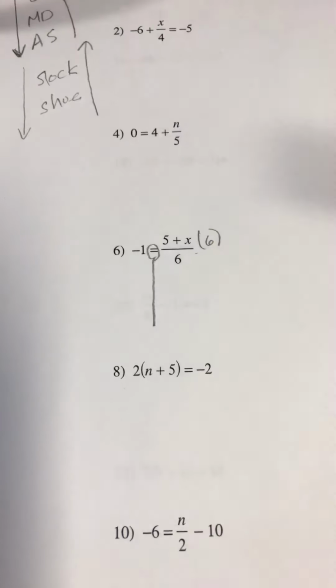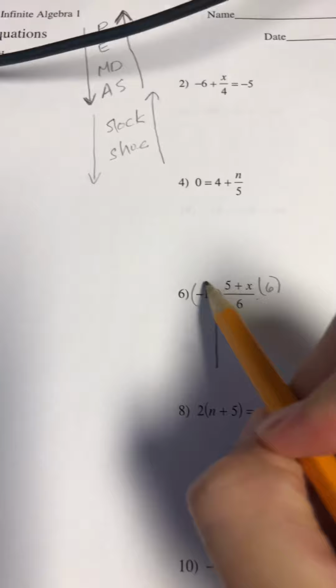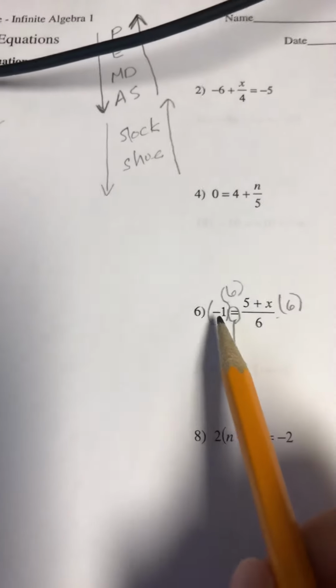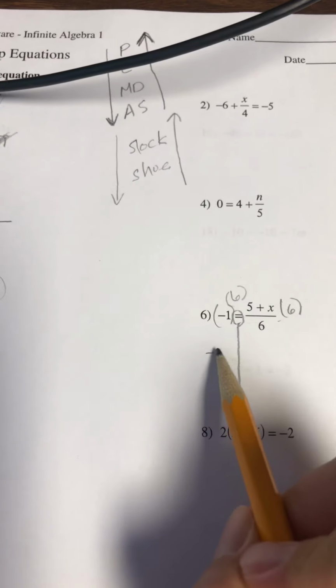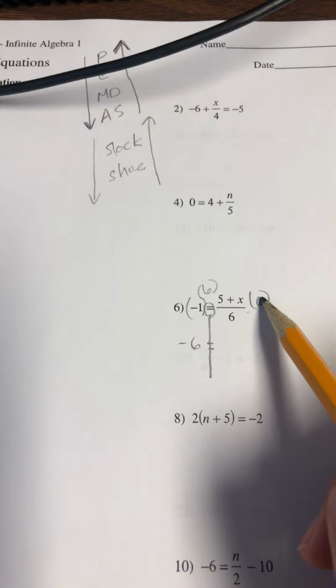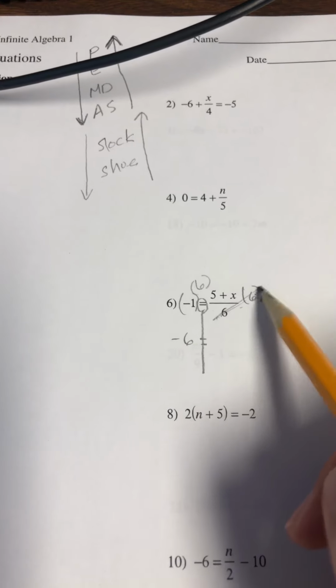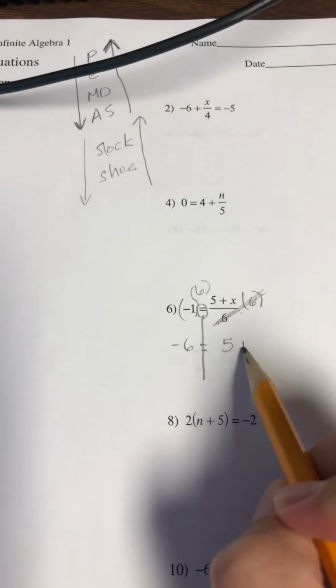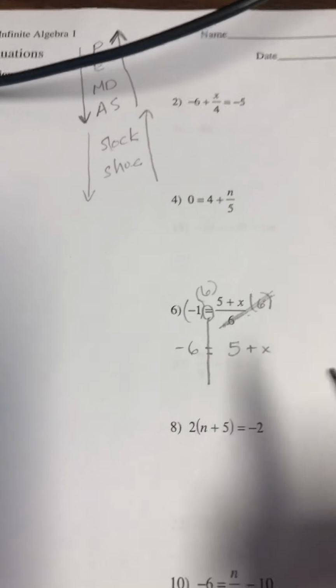So I'm going to multiply that side by 6. I'm also going to take this 1, and multiply that side by 6. So -1 times 6 would be a -6 on this side. And the 6 that I'm multiplying by and that 6 that you're dividing by are going to cancel. So when they cancel, I'm left with 5 plus x.